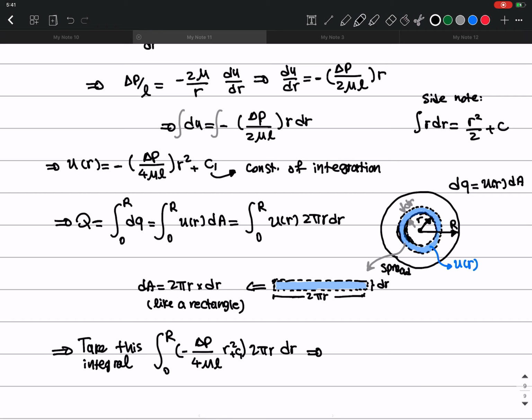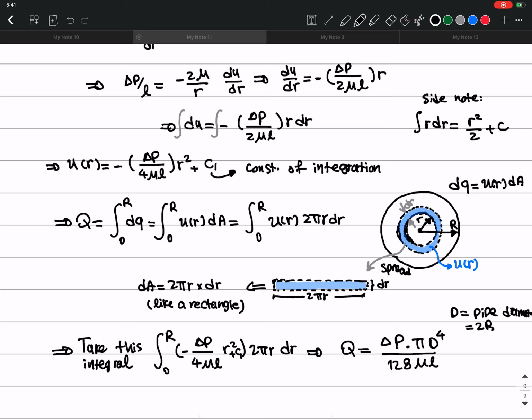And what you will get is Q equals delta p times π times D to the power 4 over 128 mu l, where D is the pipe diameter, which is 2R.